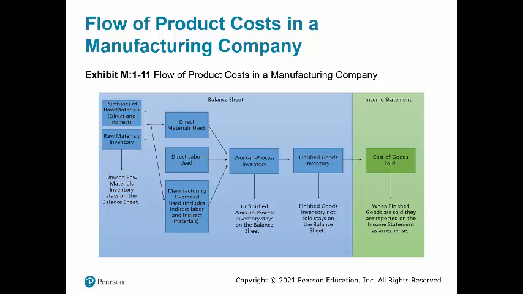Finished goods inventory that are unsold at the end of the accounting period will remain in finished goods inventory and shown on the balance sheet. Any finished goods that are sold will be transferred to cost of goods sold, which is part of the calculation of the income for the company.